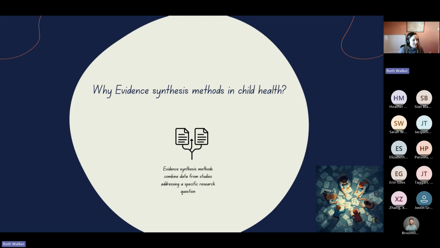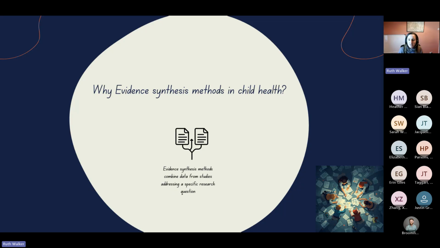So, why evidence synthesis methods in child health? Well, as statisticians and methodologists, we probably know that evidence synthesis methods are used to combine and reanalyze data from primary studies addressing a specific research question.